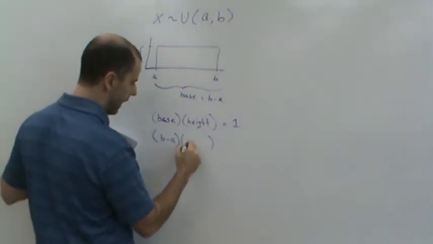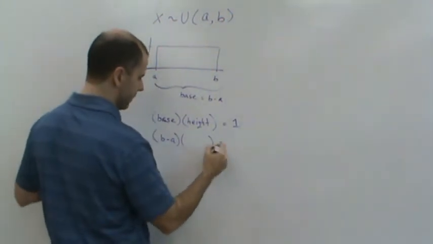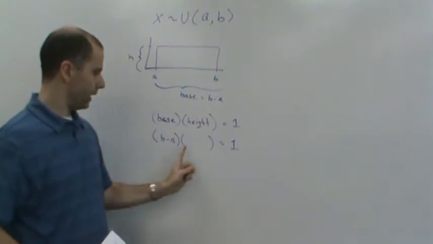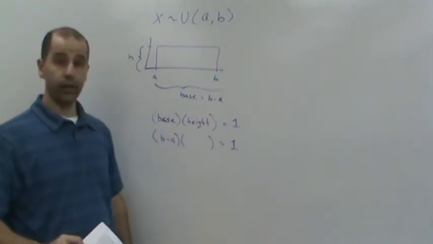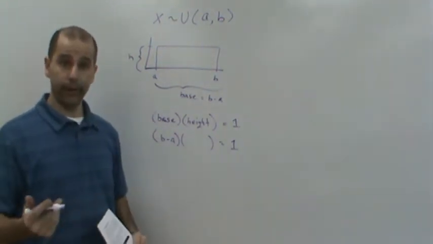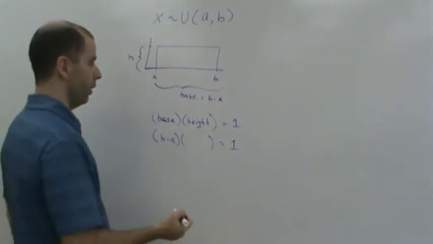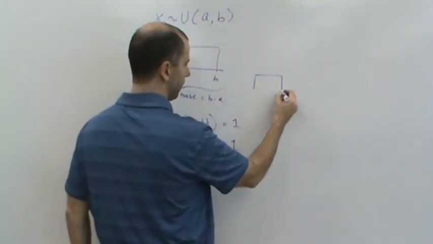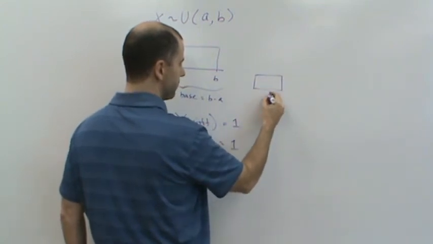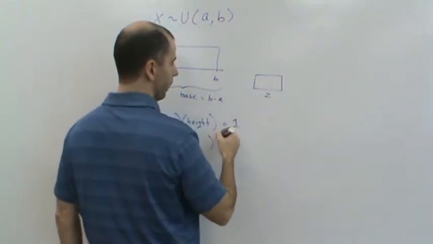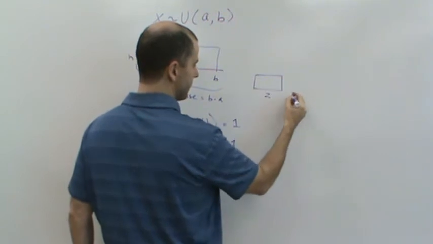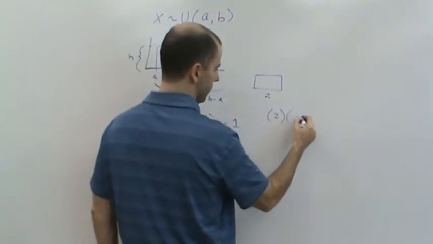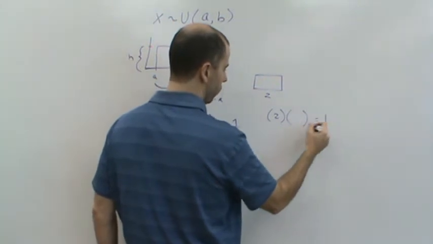and we have this height, and we know that this product has to equal 1. Well, what has to be in here to equal 1? Think about regular numbers. If I have the area of a rectangle, and I know the base is 2, and I know the area has to equal 1, so I have 2 times this equals 1.